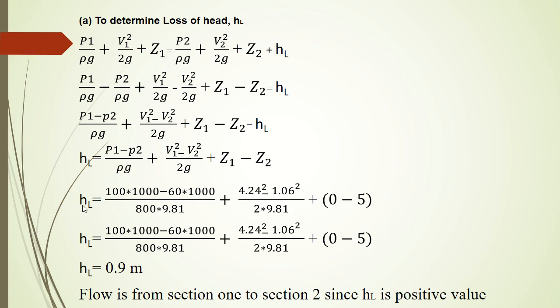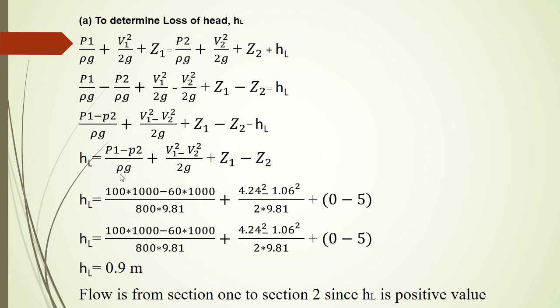Then I can put all the values into this equation. So HL, loss of head, is equal to P1, which is given as 100 kilonewton per meter square. So 100 into 1000, because kilo is 1000, minus 60, which is also given as 60 kilonewton per meter square, so 60 into 1000, divided by rho g.